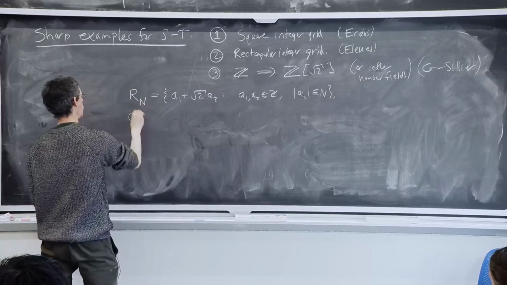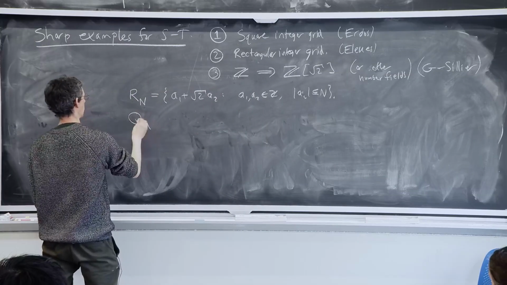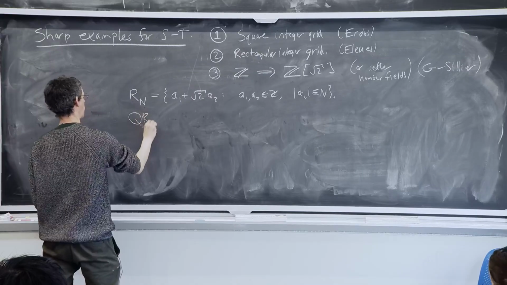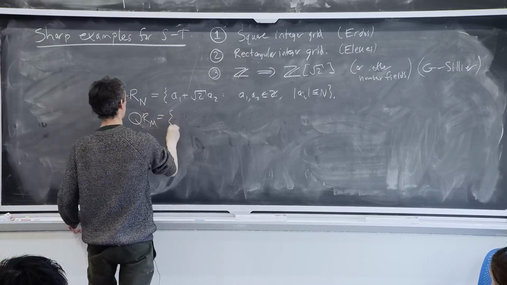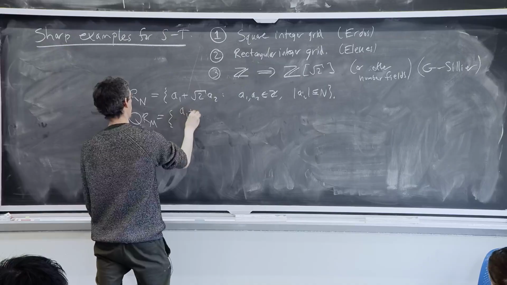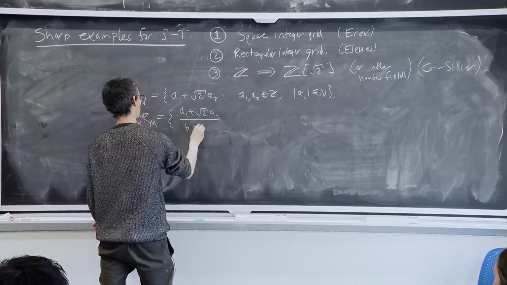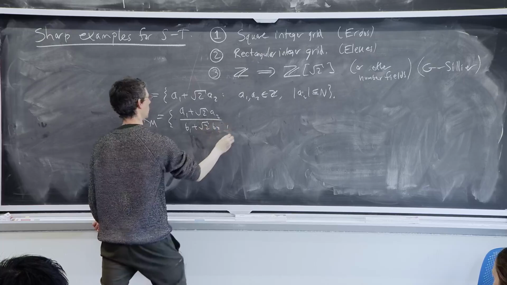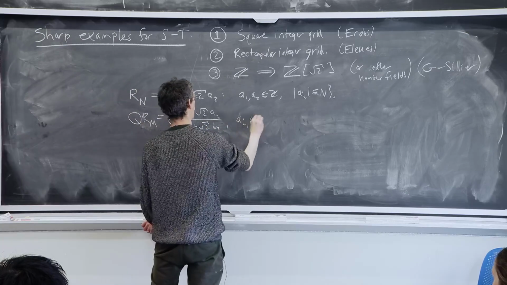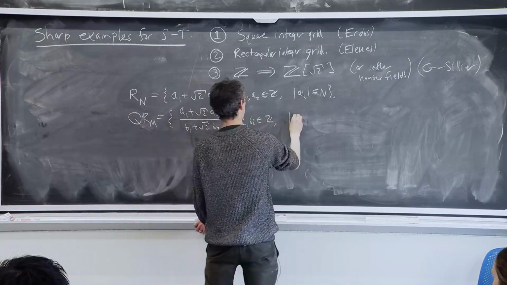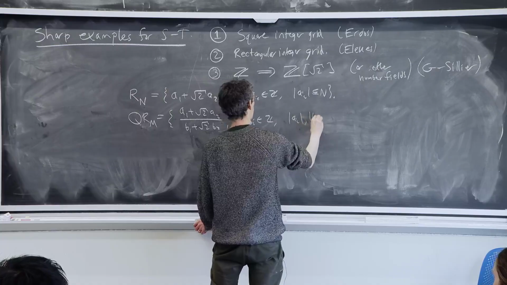And our new QRM, so quotients in this ring, size n. This would be quotients of the form a1 plus root 2 a2 over b1 plus root 2 b2, where the ai and bi are integers, and they have norm up to m.